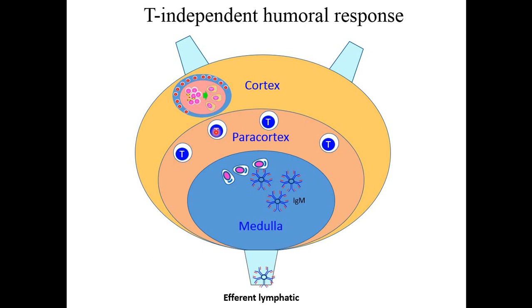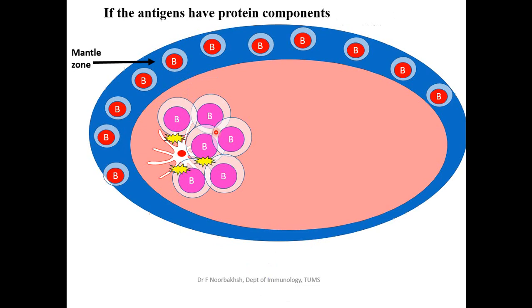Their receptors in general cannot respond to sugars or lipids or those kinds of things. So if the antigen that I have is purely a polysaccharide or a lipid or a combination of these two, but lacks a protein part, the T cells do not get involved. Another fate is when the antigens do have a protein component, and this is the case for most antigens.